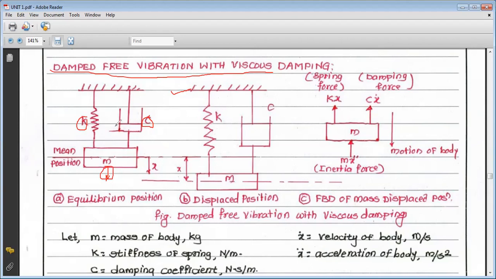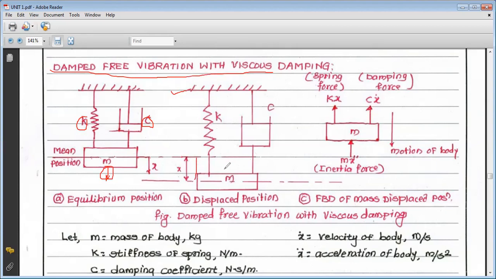This position was below, now this position is above that line. So the damper position is changed and the mass is displaced through a displacement of x from the mean position to the displaced position.